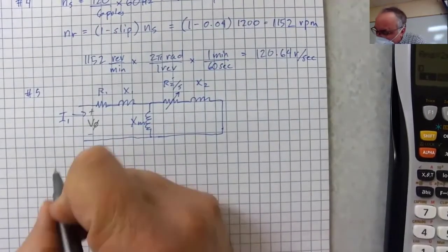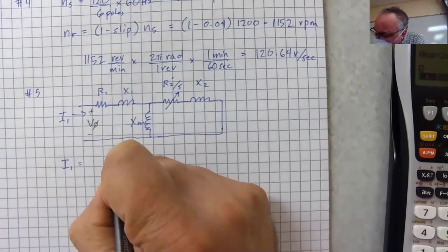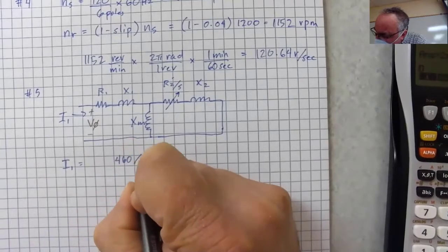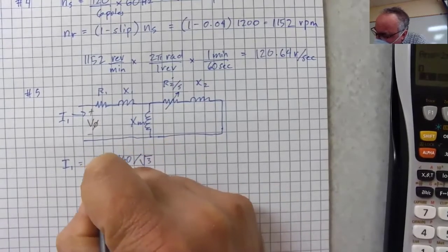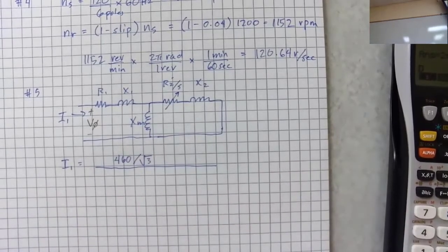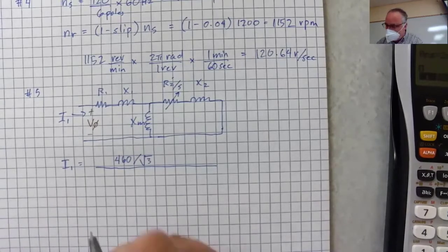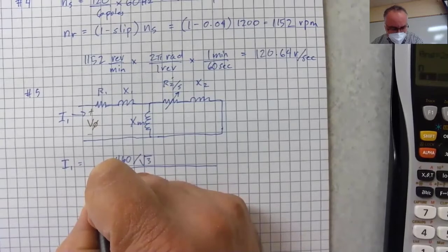Okay. So, I1 is going to equal 460 divided by the square root of 3. Let's see, what was R1? Oh, right here. Okay, I got you. R1 was 1.21.